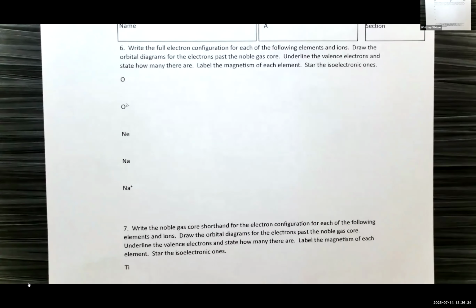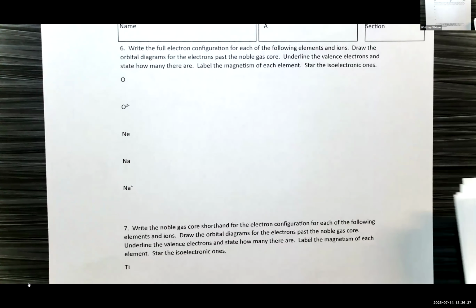If you don't feel like answering all of these, you can always just start with doing the full electron configuration and the noble gas.